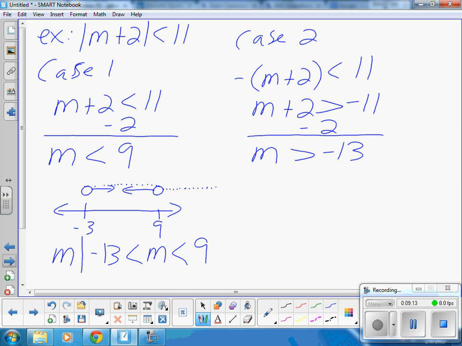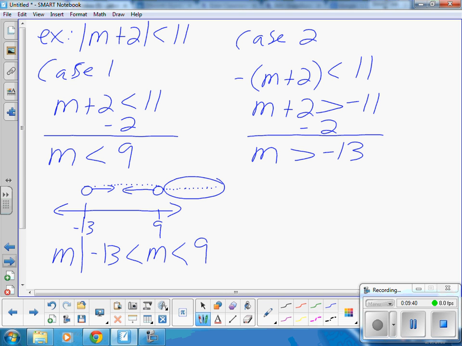I can't include this stuff out here, even though that is greater than a negative 13. Yes, 12 is greater than negative 13, but it is not also less than 9. It needs to be in between here, or it will not be a solution. Check your numbers is the easy way to explain that.